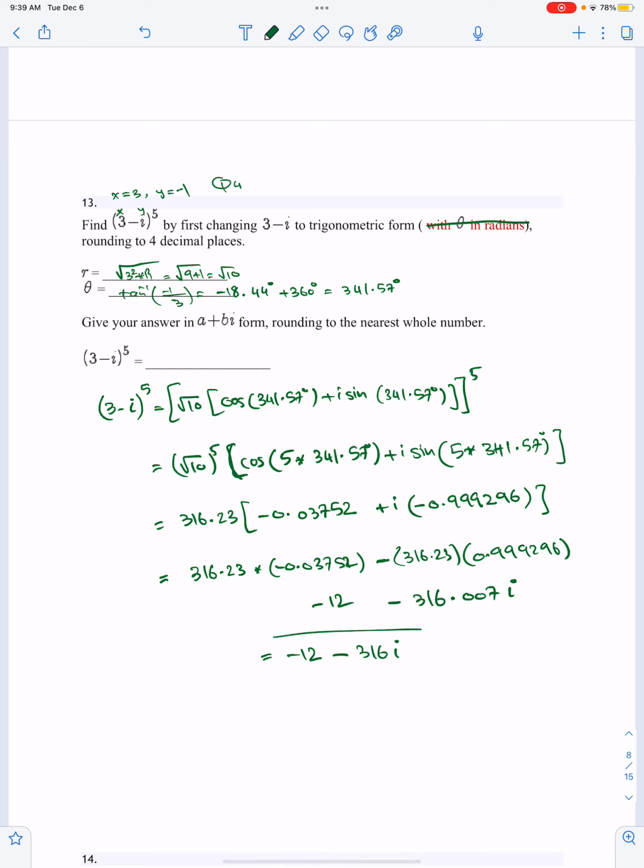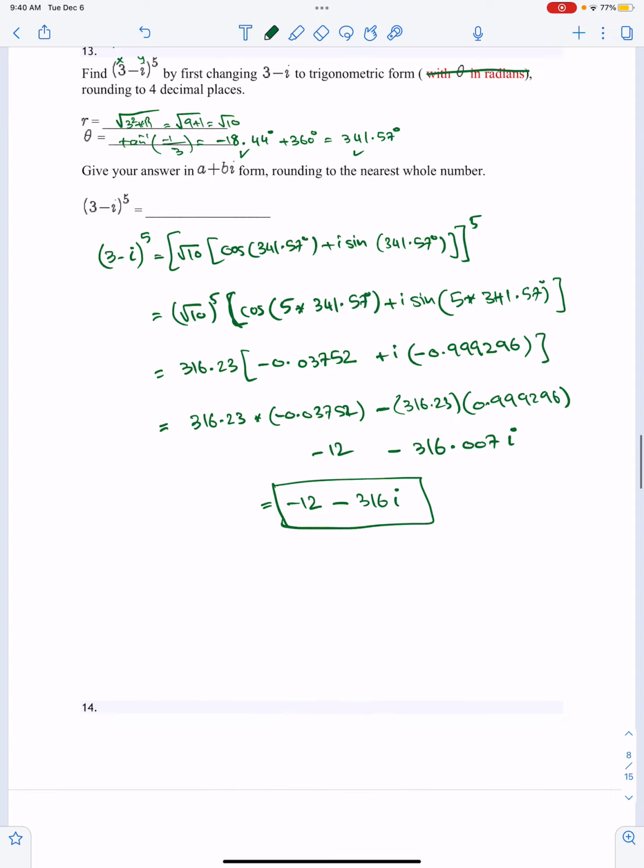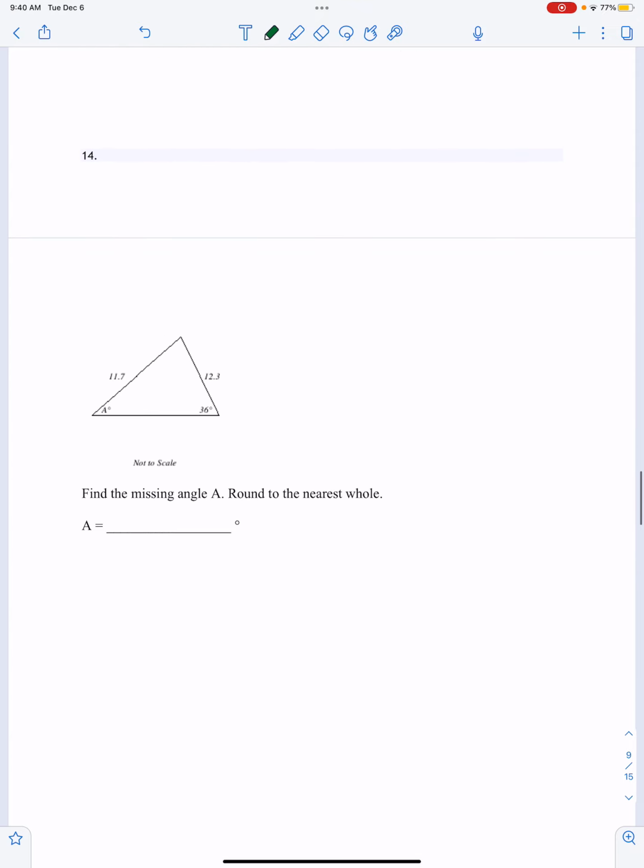That is approximate. It's not exact answer. So I just rounded to a whole number, and that would be the answer. Really doesn't matter if you use the negative or the positive, so it really doesn't matter if you want to use negative 18 instead. Now that is Binomial.